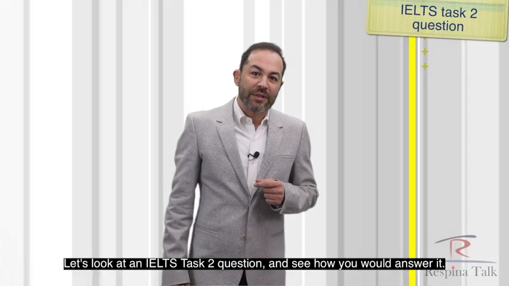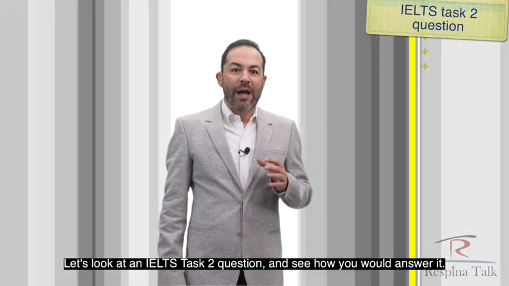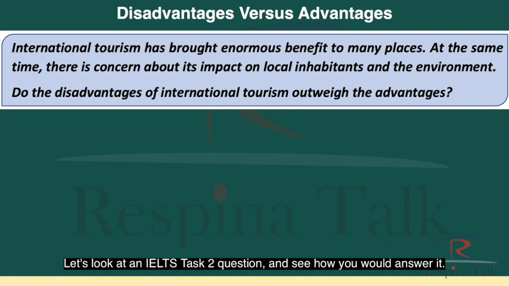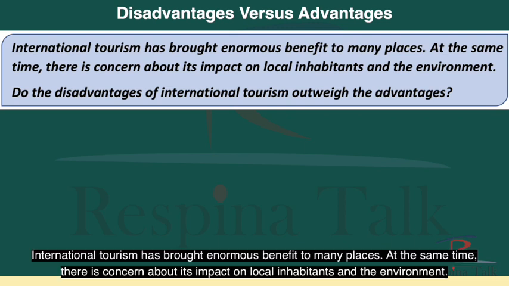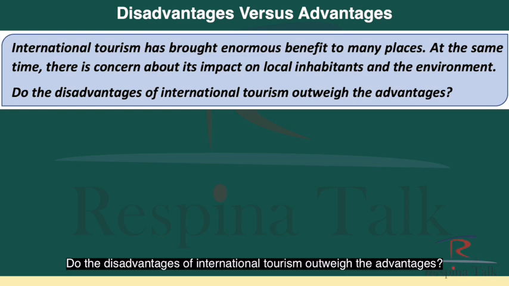Let's look at an IELTS Task 2 question and see how you would answer it. International tourism has brought enormous benefit to many places. At the same time, there is concern about its impact on local inhabitants and the environment. Do the disadvantages of international tourism outweigh the advantages?